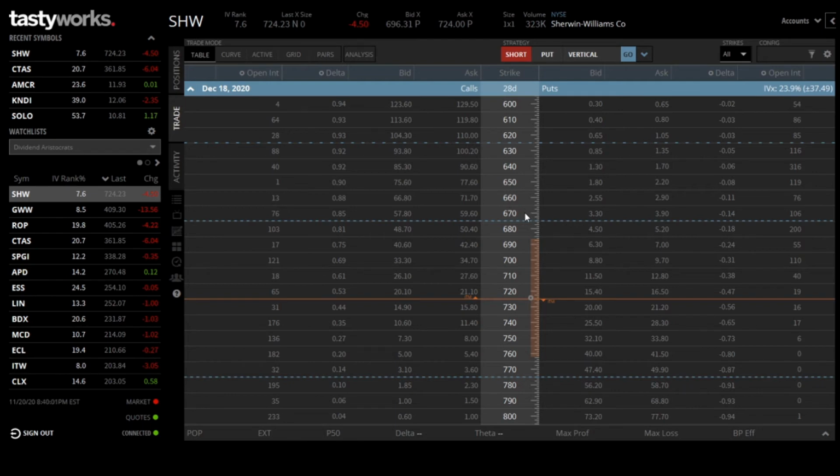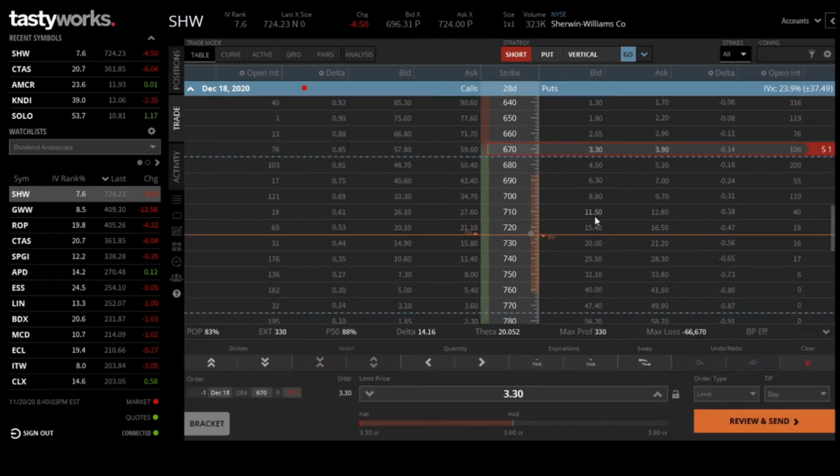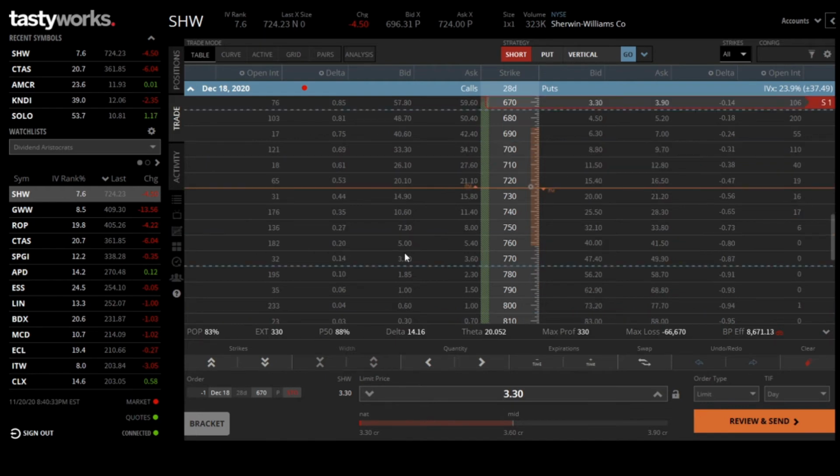But this one ties up way more capital, and you're only getting about $30 more than Roper because it has a higher IV rank. From a risk reward standpoint, this isn't as good. But there's pros and cons, right? The bid ask spread is a lot tighter, so it really depends on what you're going for. And then even for a high IV rank, it might be better to do a debit, like a long call vertical.